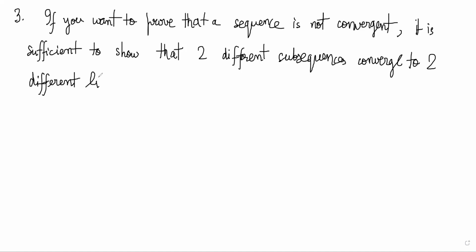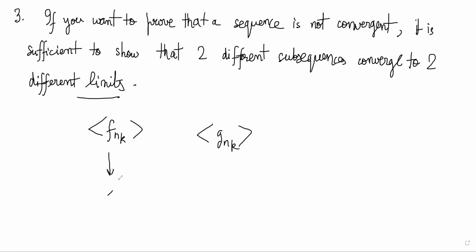If I have one subsequence, let's say f nk, going to L1, and another subsequence g nk going to L2, that means that the sequence Fn is diverging. Why?